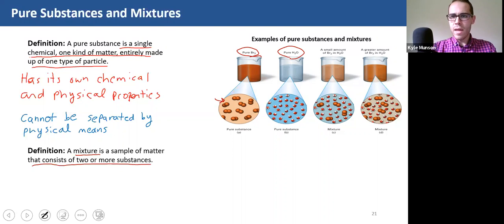And then over here, we have small amounts of bromine and water, and then a greater amount of bromine and water. On the macroscopic level, we probably couldn't tell exactly what's in the mixture. We would have to look further down at the particulate level.